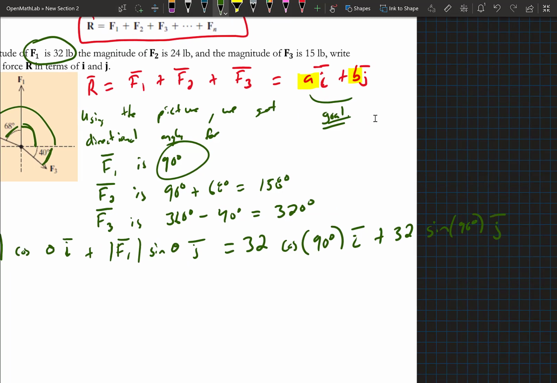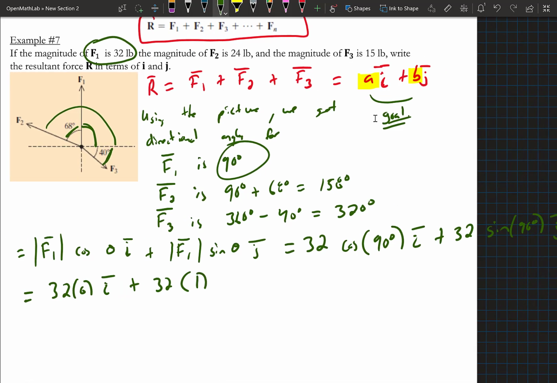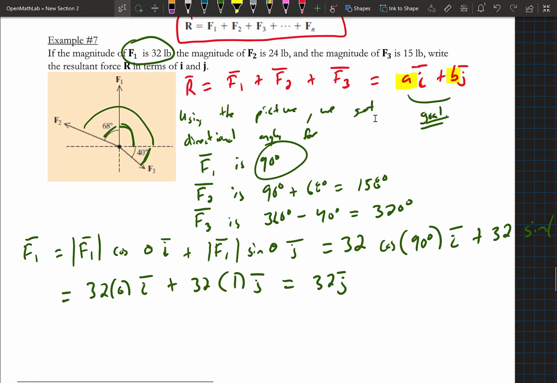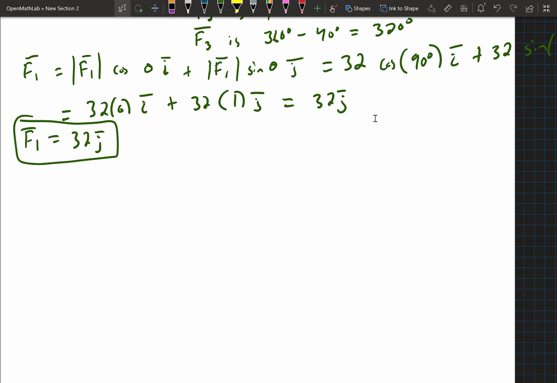Cosine of 90 degrees is 0 and sine of 90 is 1, so this is just 32 times vector j. So F1 equals 32j. I'll put a box around that so we can get to it easily.